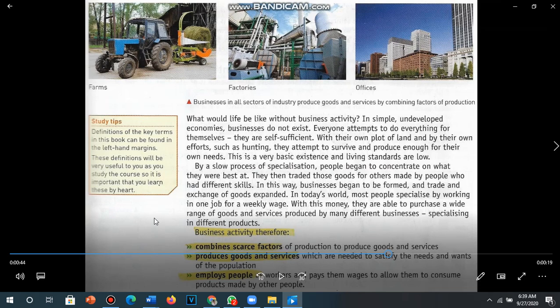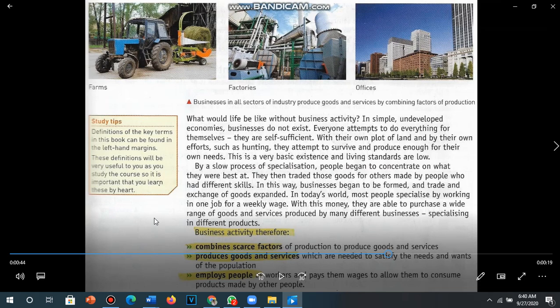By a slow process of specialization, people began to concentrate on what they were best at. They then traded those goods for others made by people who had different skills. In this way, businesses began to be formed, and trade and exchange of goods expanded. In today's world, most people specialize by working in one job for a weekly wage.